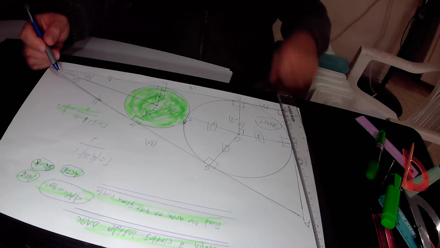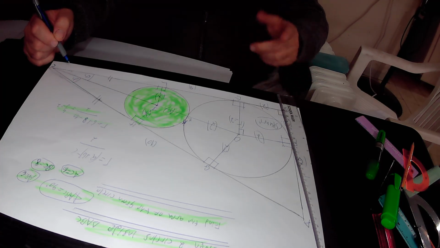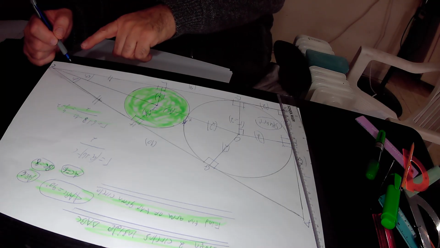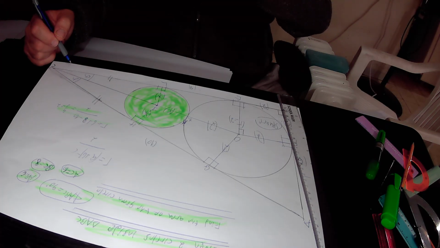So actually, we have to join point C and O together by a straight line. So we have here point C and O joined by a straight line.